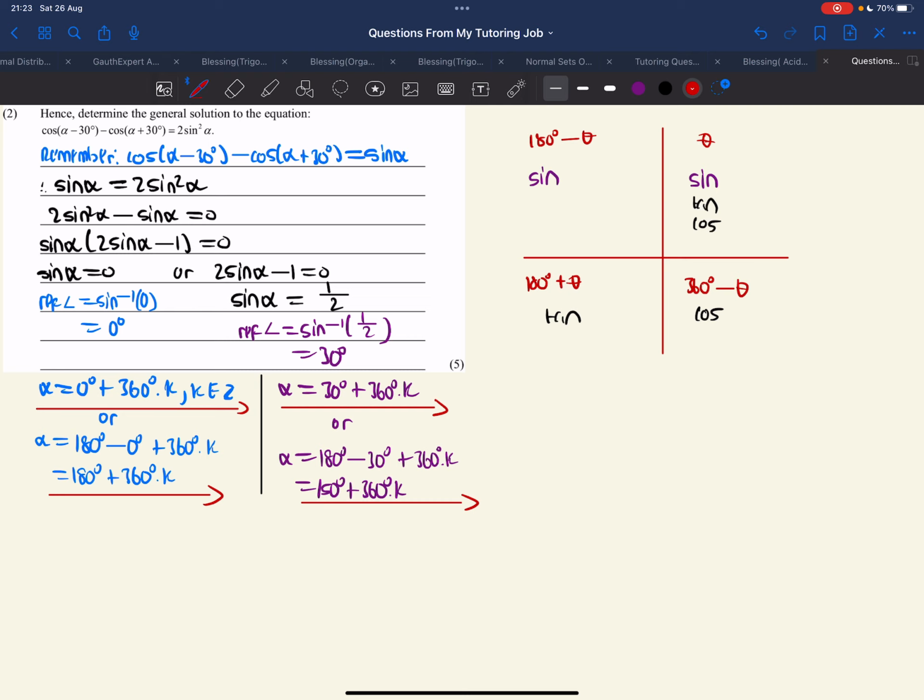So those are the general solutions that we are basically looking for in this question given. All right, I hope that you understand that.